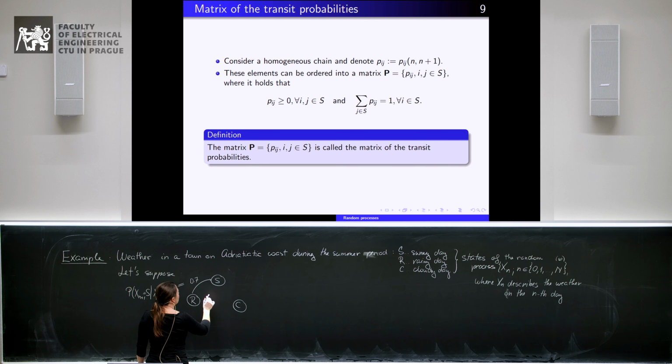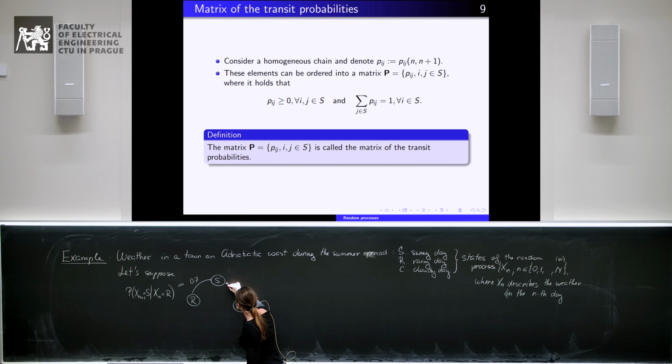And if there is cloudy day with probability 0.6, it will be sunny the next day. And if there is a sunny day with probability 0.8, it will be sunny tomorrow.